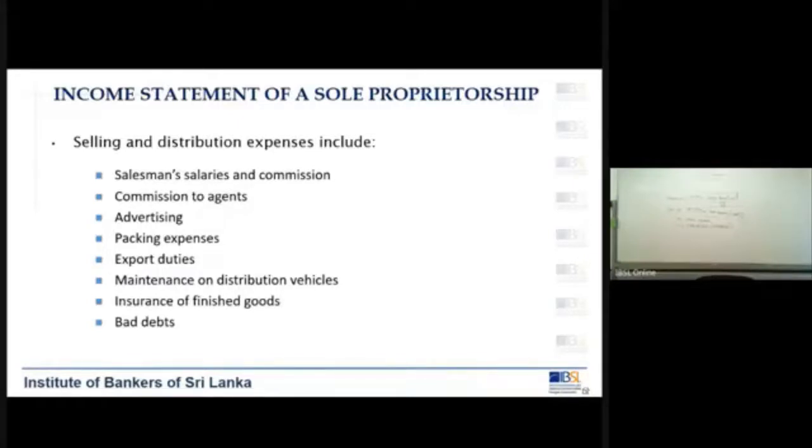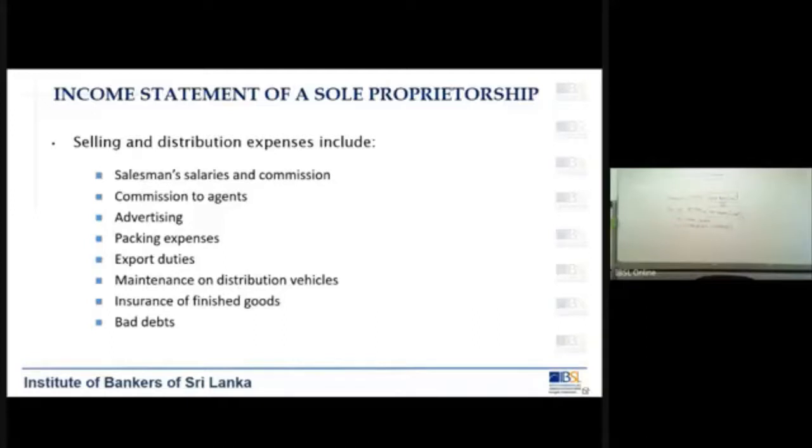The goods could be sold at your grocery or at your showrooms. In such instances, sometimes you might have to incur certain expenses for the purpose of selling your products.